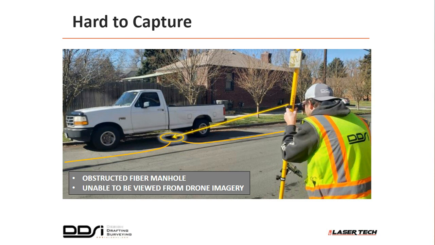So this was a perfect example while we were collecting all the utilities. We're able to use the offset routine and capture that manhole without having a neighbor come out, which we have had quite a few times.